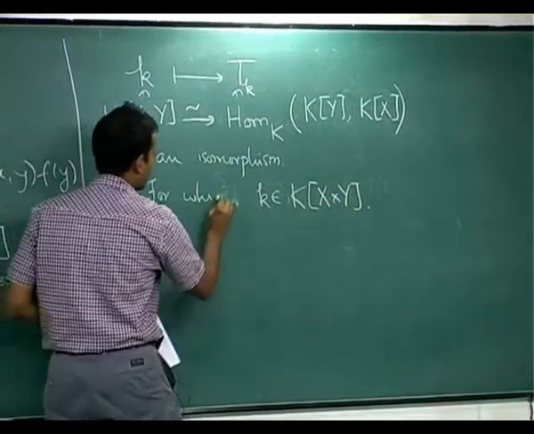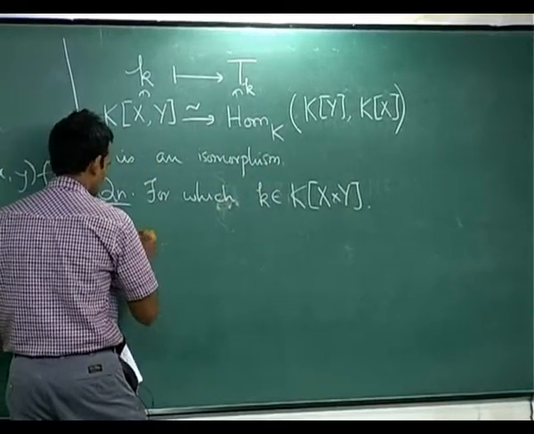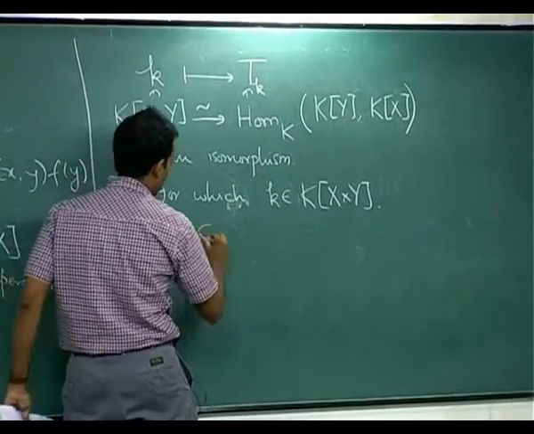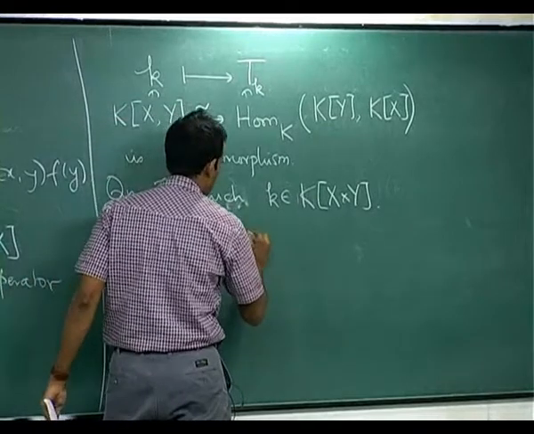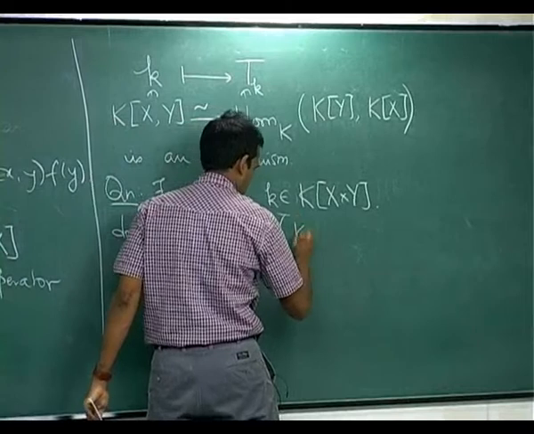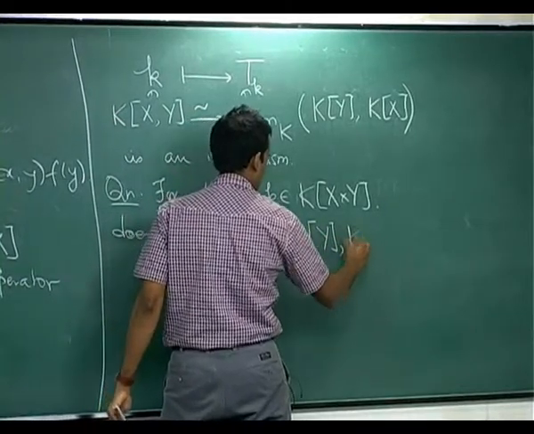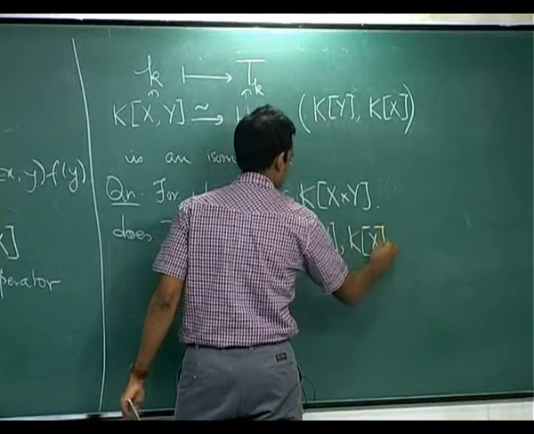For which k in K(X×Y) does t subscript k belong to Hom_G(K(Y), K(X))?